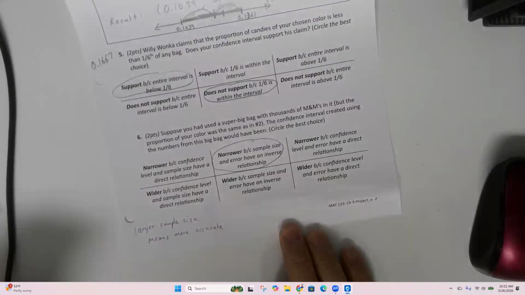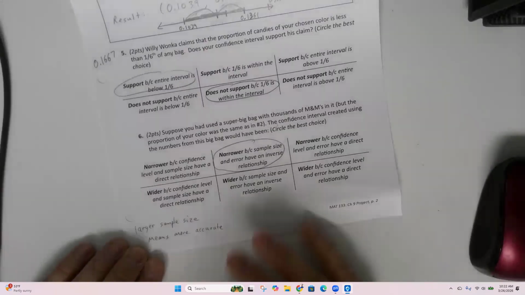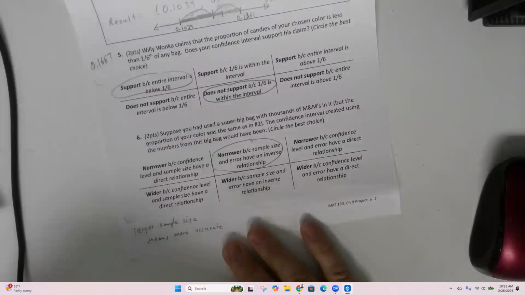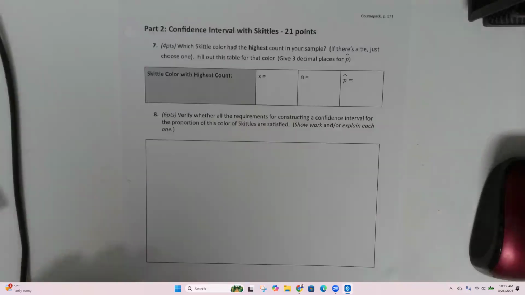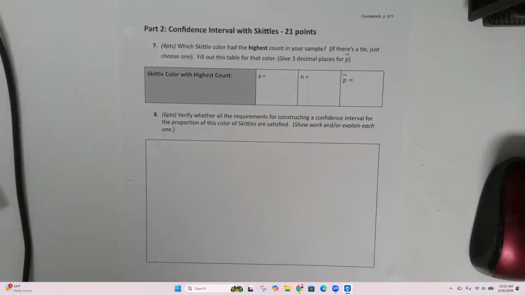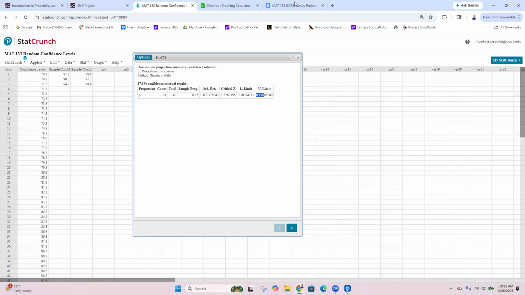All right. That was our M&Ms. We're going to move on to Skittles. Page 571, confidence intervals with Skittles. Which color had the highest count in your sample?